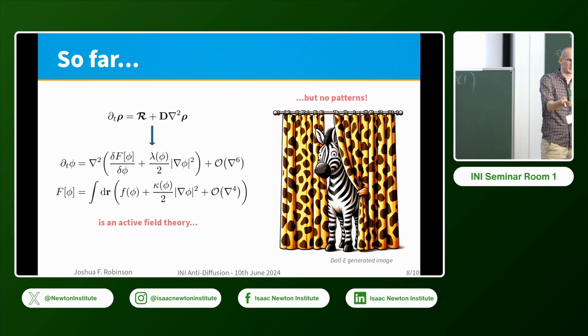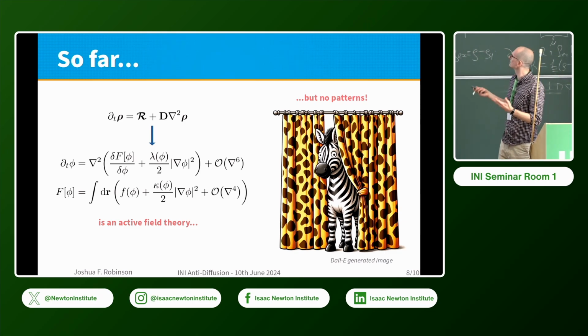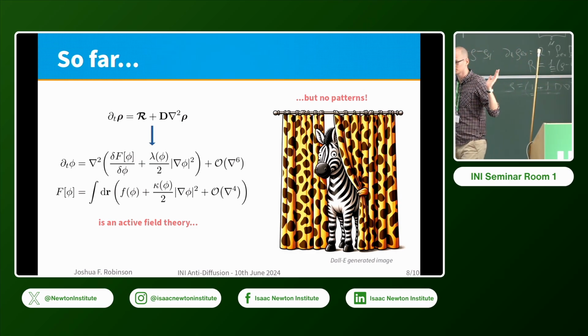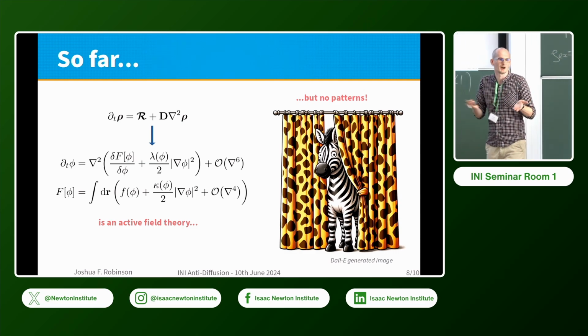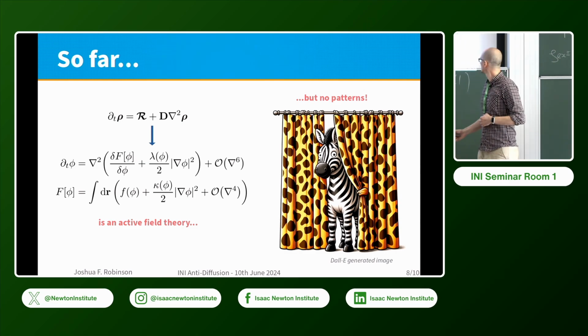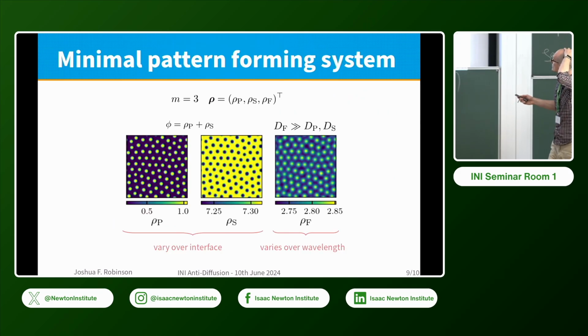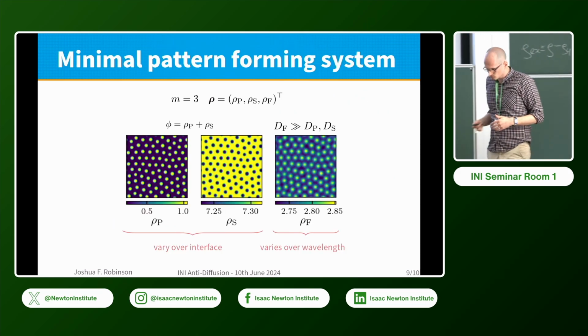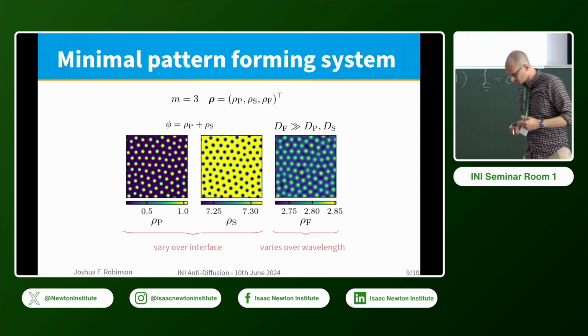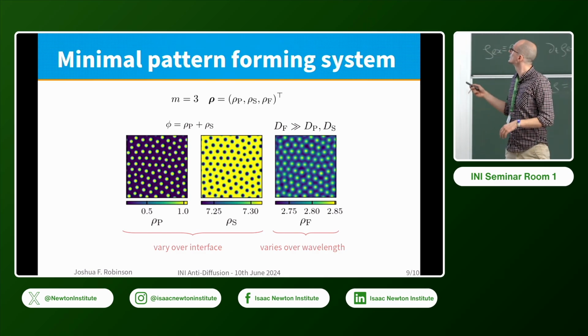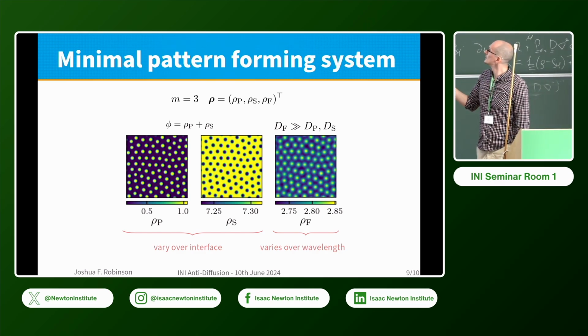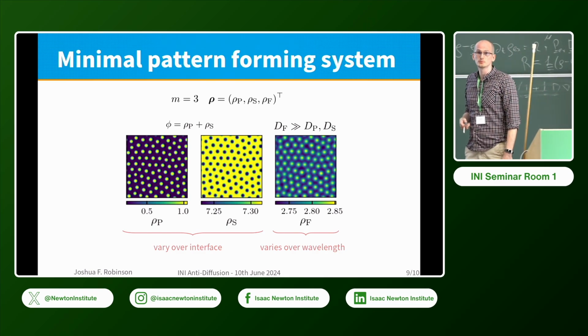Putting aside Professor Frey's objections, I don't believe you'll get patterns this way. We can talk offline maybe. One way to get patterns is to introduce components that diffuse much more rapidly.